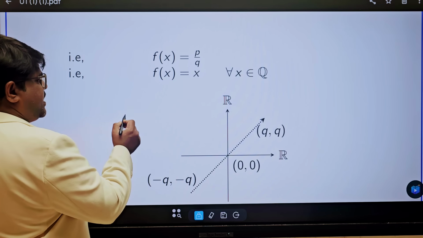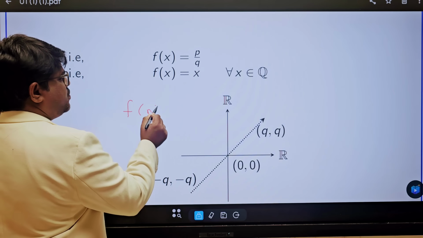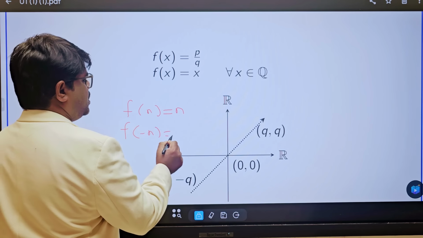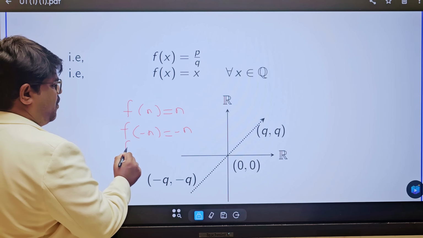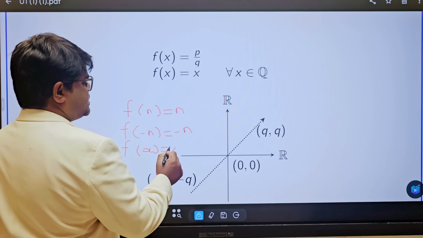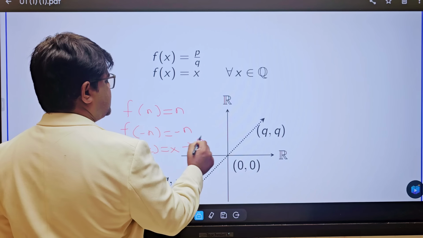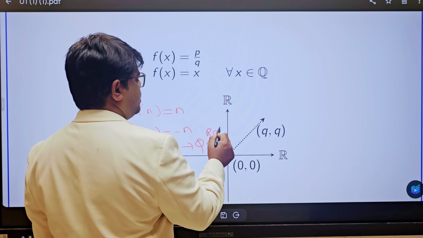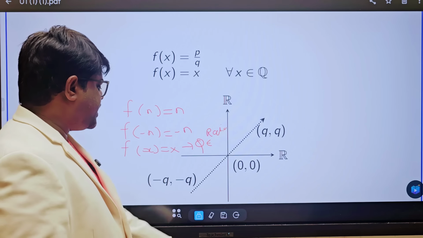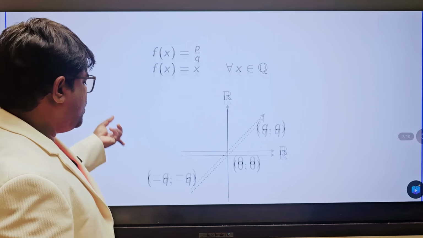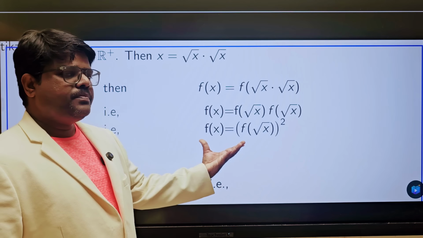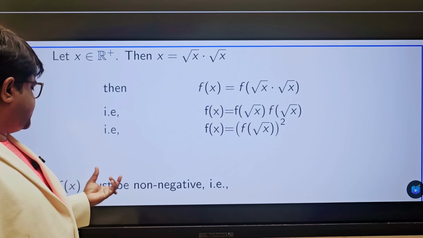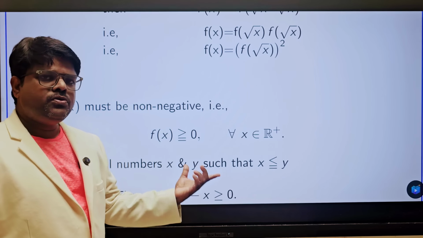You can see here f of n equals n, this is for positive integers, f of minus n equals minus n, and this is f of x equals x, where x is a rational number, that is, x belongs to Q. After that, we concluded that for x belonging to R plus, f of x is greater than or equal to 0.